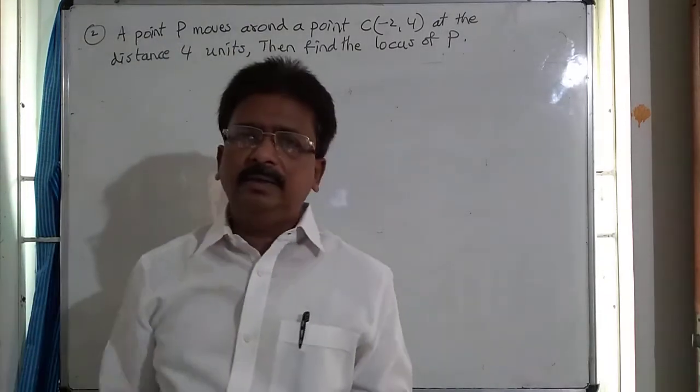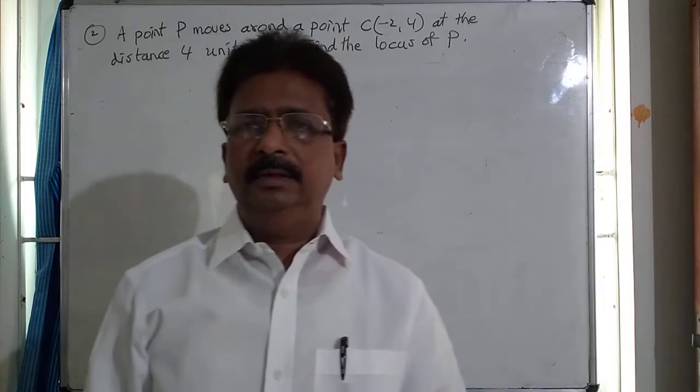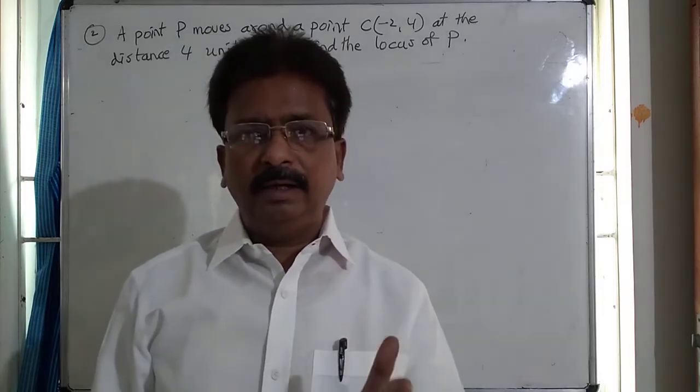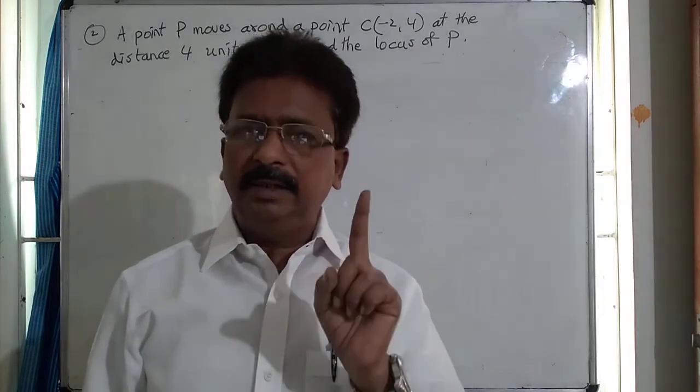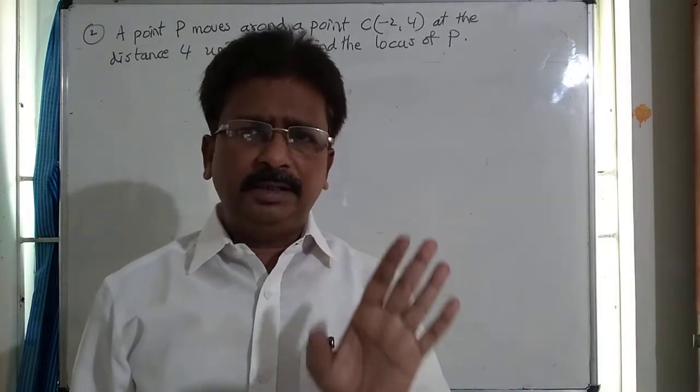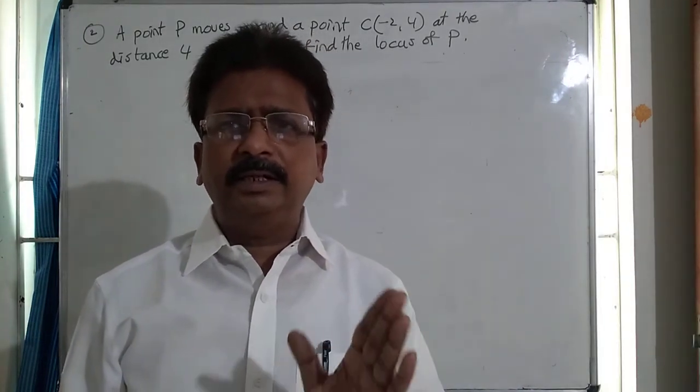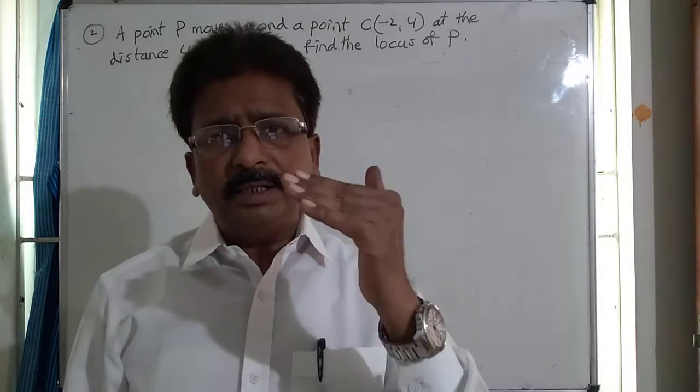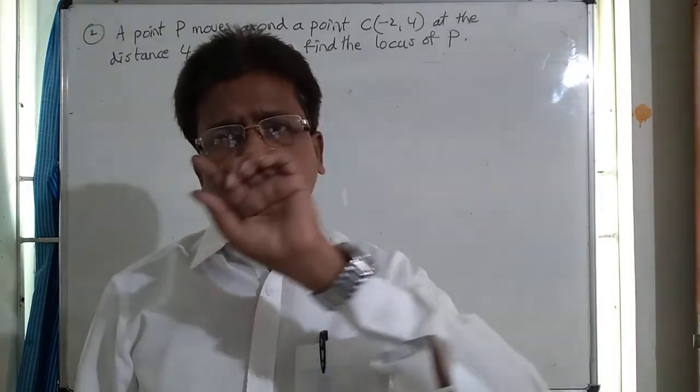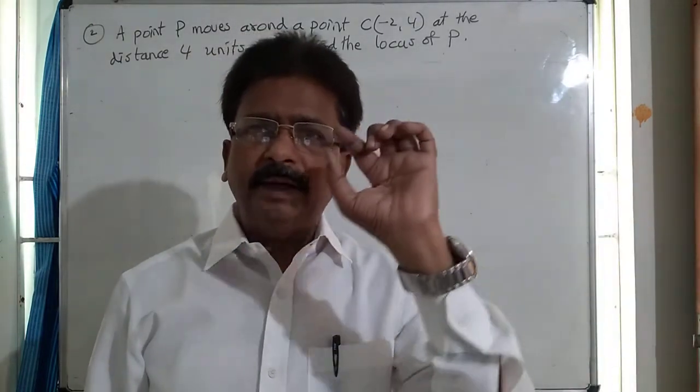So to find the locus of a point, is the condition given or not? Yes, the condition is compulsorily given. At what condition is P moving? The condition is said in literal form or mathematical form.